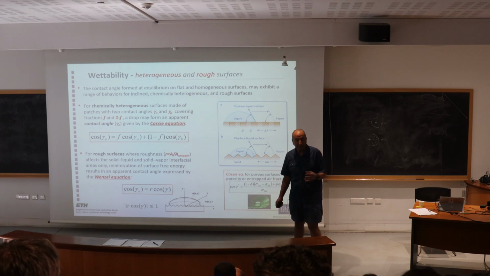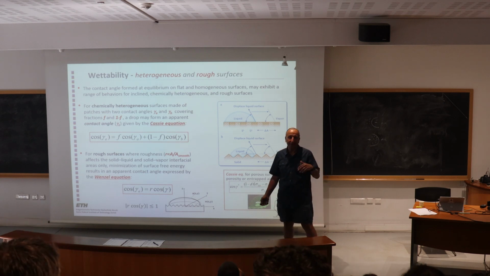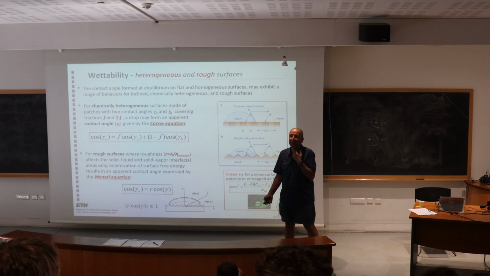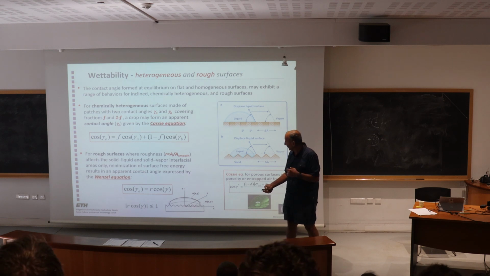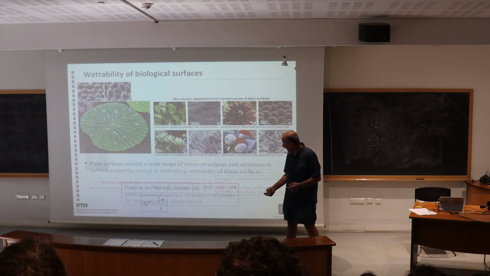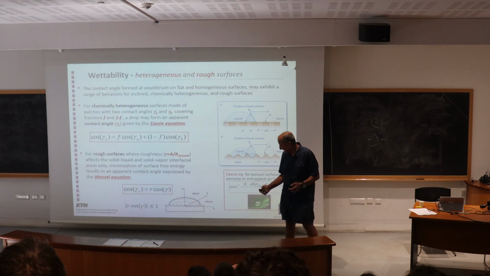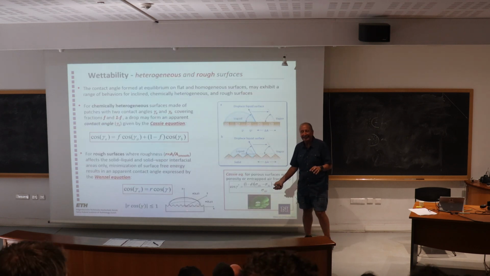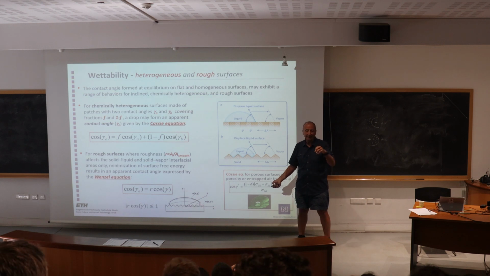Second, people have written papers and papers on how limited this Wenzel equation is. Because of the roughness, the contact line actually has many configurations in space, and so there is not a single contact angle, but a multiplicity of those.